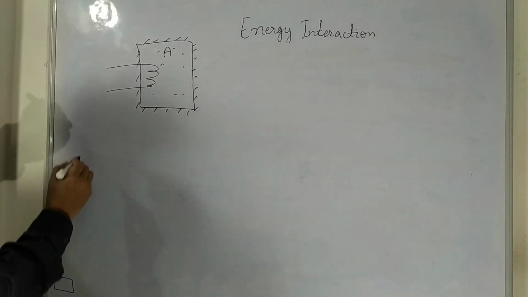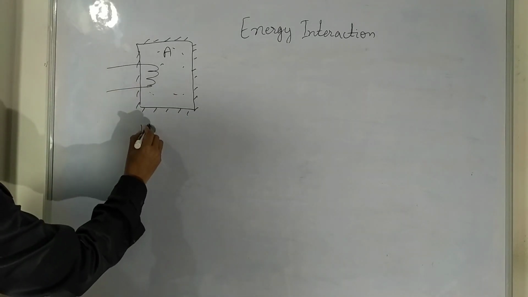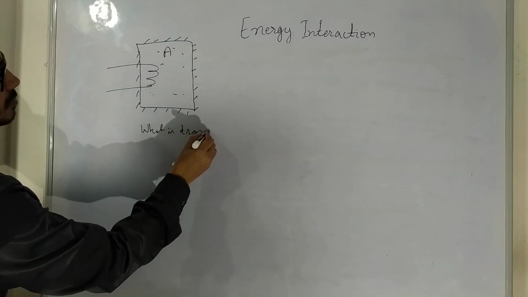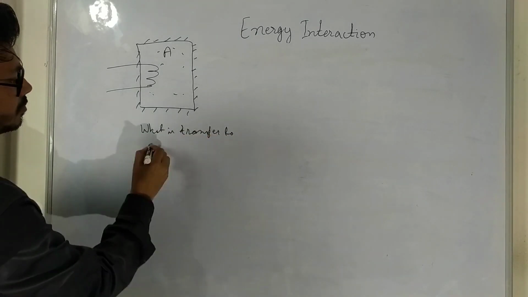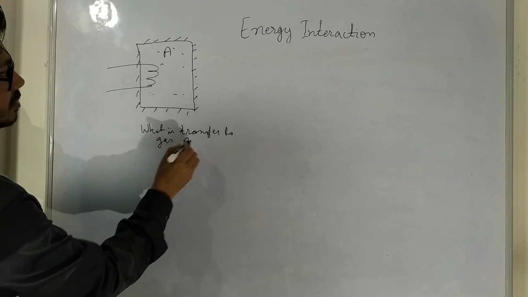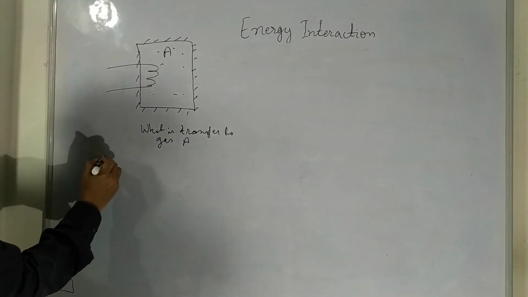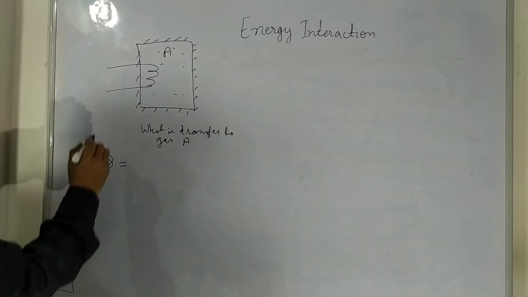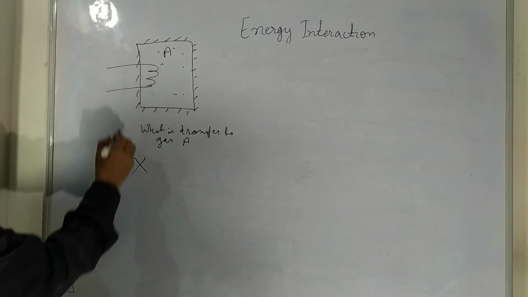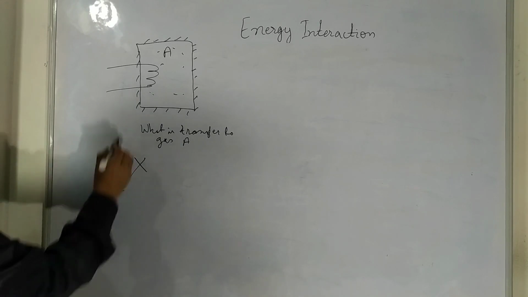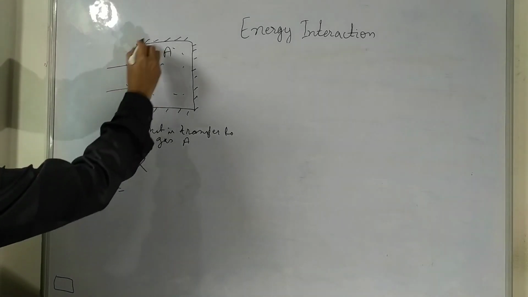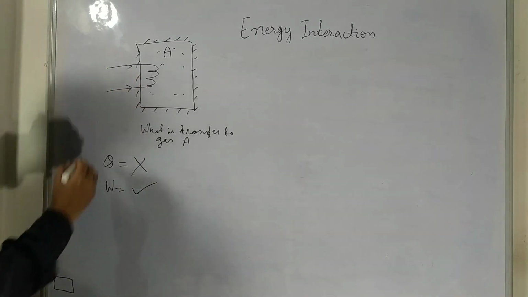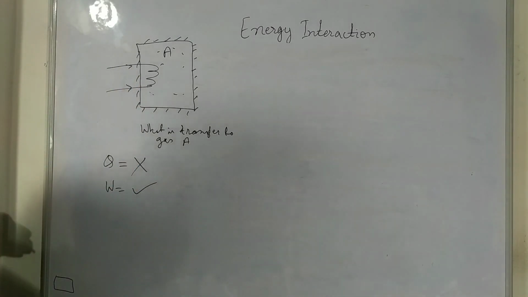So what is transferred to gas A? Is there any heat transfer? No, there is no heat transfer. Work transfer? Yes, electrical energy is crossing the boundary, so there is work transfer. And since heat is not crossing the boundary, there is no heat transfer.